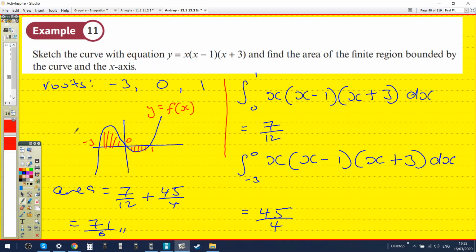71/6. So what if you just put into your calculator between 1 and -3 and didn't do the two separately? I would have got 71/6. Oh no, I would have got 32/3.